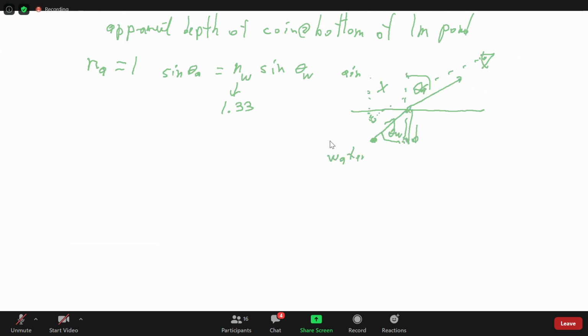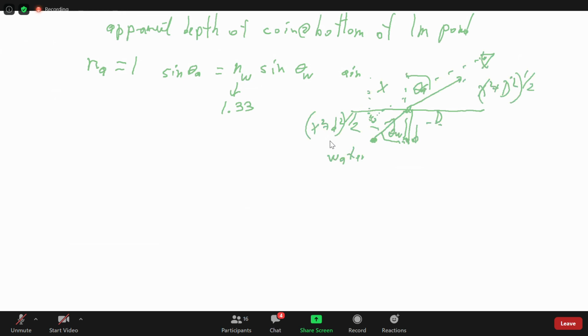We'll call the apparent depth capital D. By Pythagorean theorem, this line over here is (x squared plus little d squared) to the 1/2, and the other line up here is (x squared plus big D squared) to the 1/2.